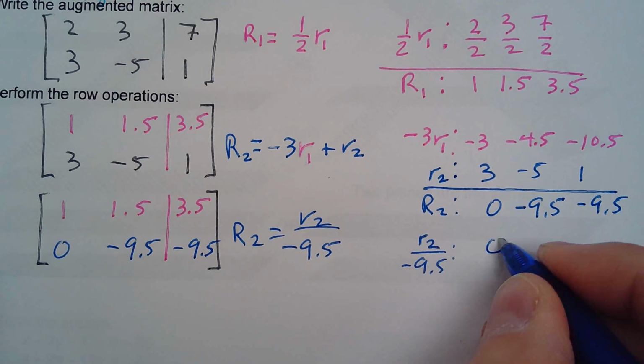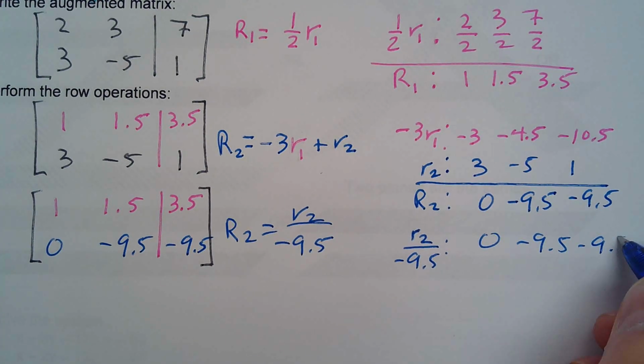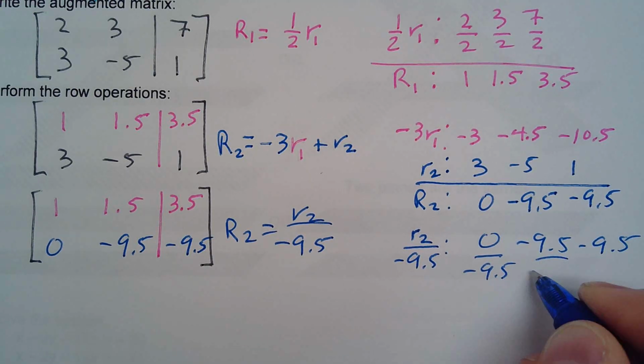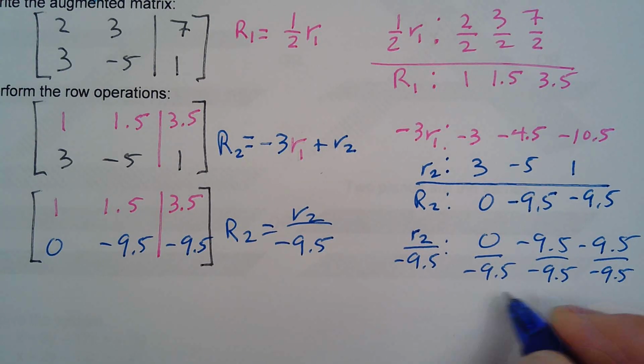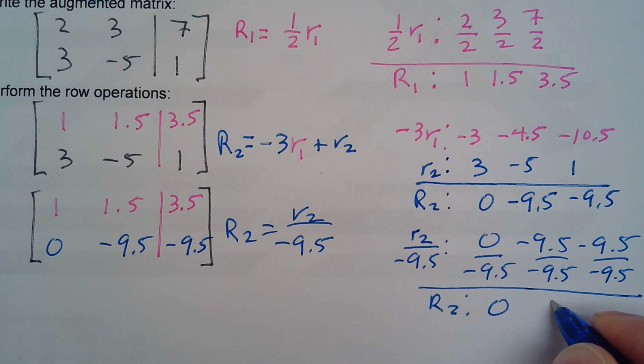So we have 0, negative 9.5, negative 9.5. I'm dividing that by negative 9.5. And that answer is going to give me my new row number 2, which would be 0, 1, 1.